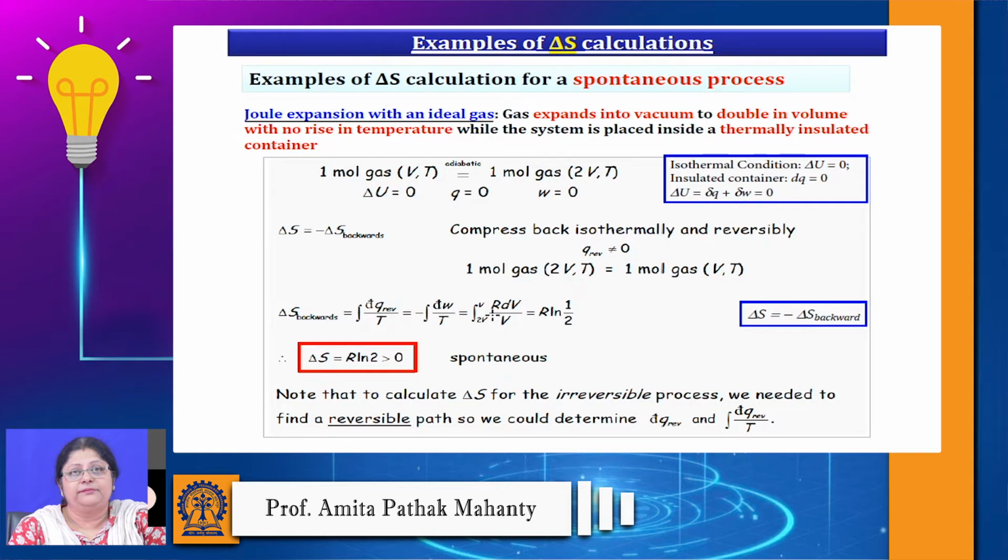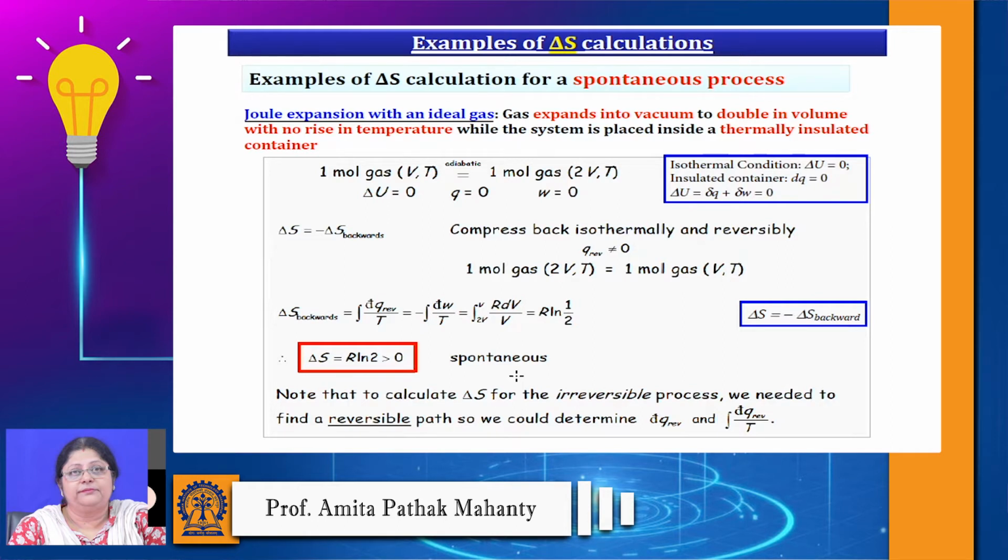So what you have, the expression of the entropy for 1 mole of gas, so n equal to 1, is R dV by V integrated from 2V to V, which is there in the expression.